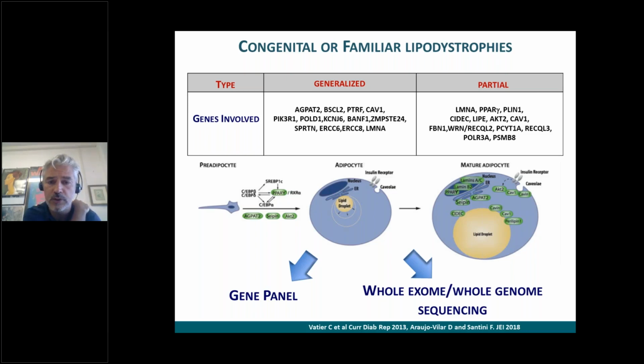Some of these mutations are recessive, others dominant, and in the suspicion of a genetic form, the disease can be detected by direct sequencing of a candidate gene, or using gene panels, or even whole exome sequencing. All these activities obviously can be performed in referral centers that work on lipodystrophy.